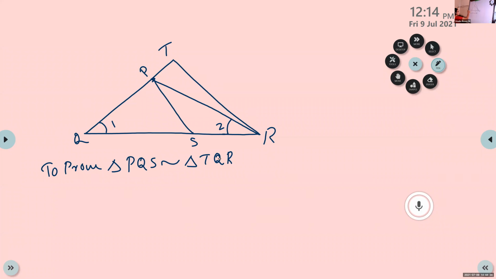All of you see the figure. In your figure, you just move your finger through that triangle. PQS similar to TQR. Did all of you understand the question? Move your fingers through both the triangles. PQS similar to TQR.